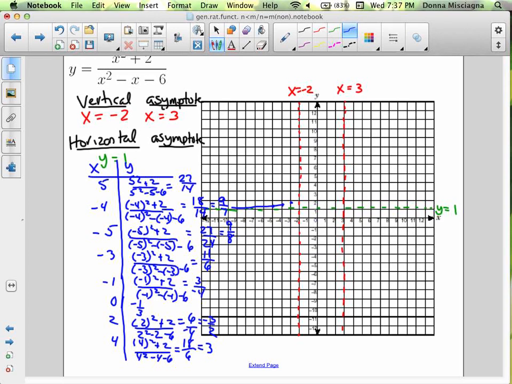So here, not going to cross the horizontal, not going to cross the vertical. In the middle there, we have negative 1, negative 3/4. We have 0, negative 1/3. So that's a little closer to the x-axis. And then we have 2, negative 1.5.